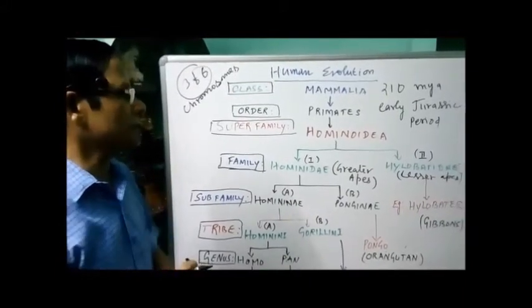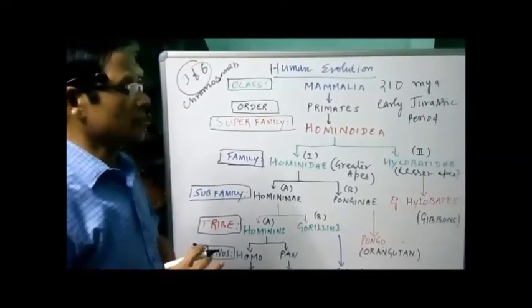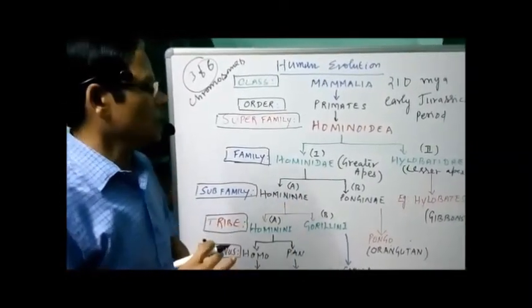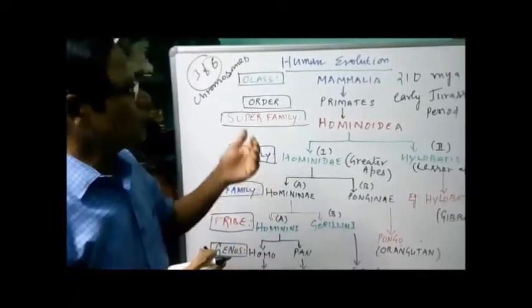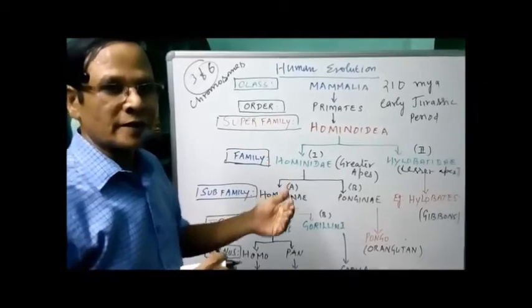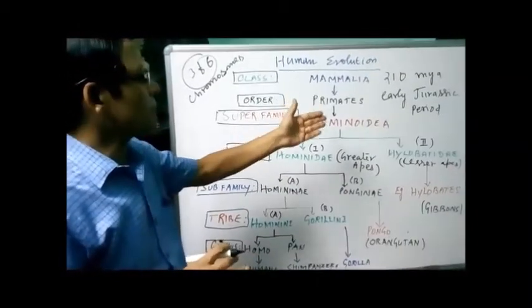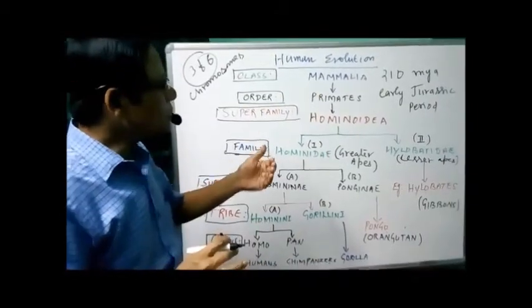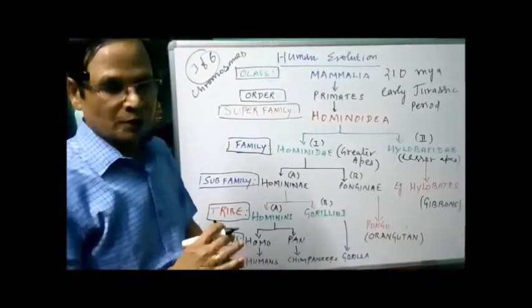We will study that in the next class. One such era is the Mesozoic era, the Middle Age, and during that period the reptilians were dominant. The Mesozoic era is divided into Triassic, Jurassic and Cretaceous. The mammals evolved in the early Jurassic period, just 210 million years ago.